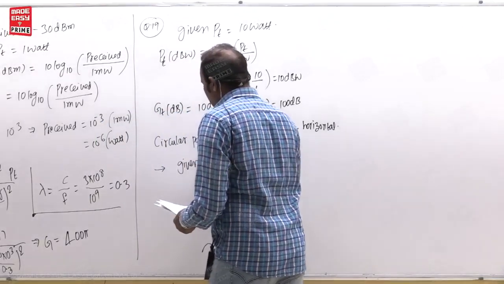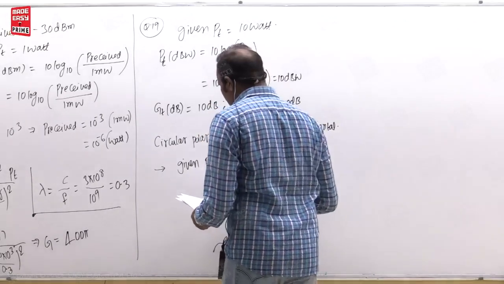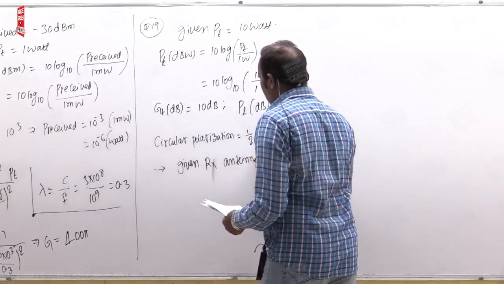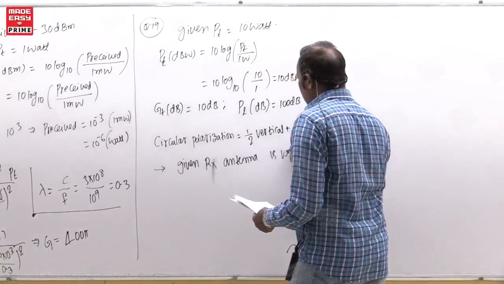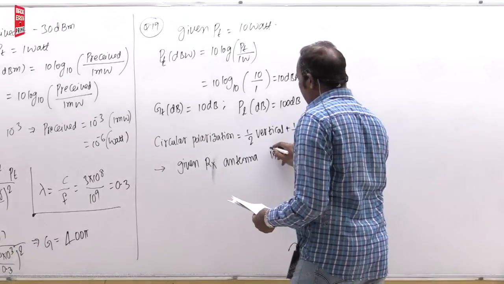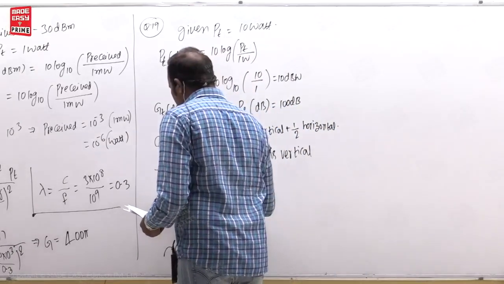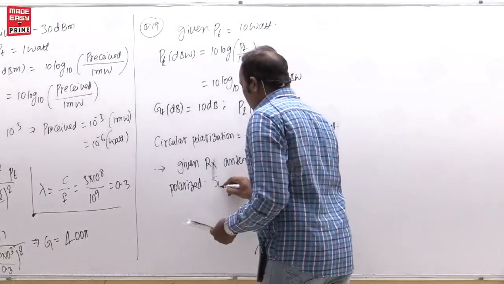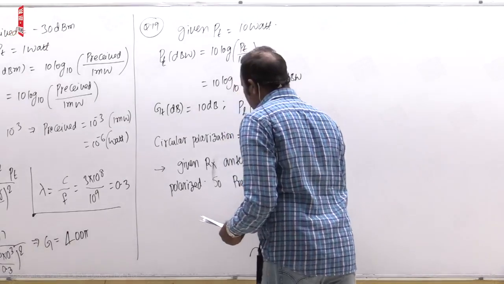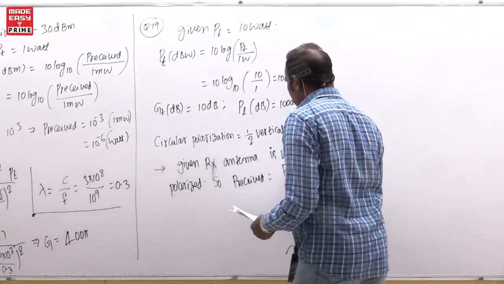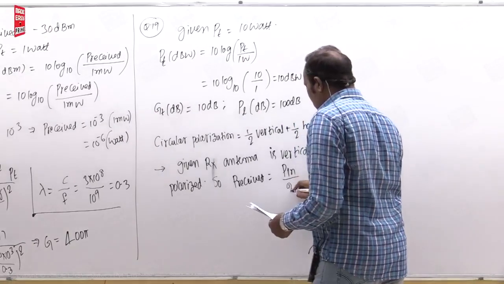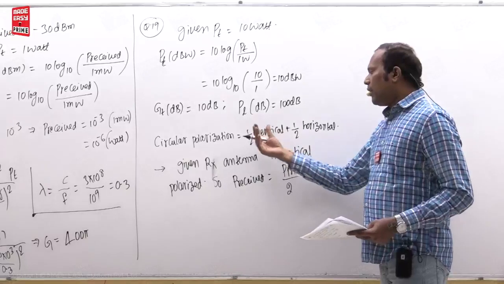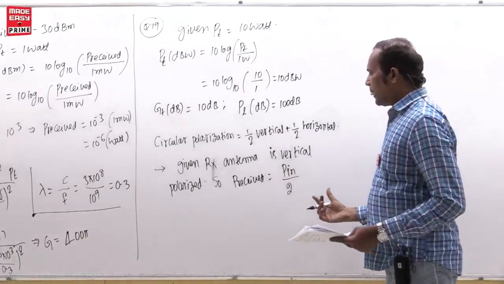Given, the RX antenna is vertically polarized. So power received is equal to input power divided by 2. For circular polarization we assume the power is P in, then half of that only is received by this receiving antenna.